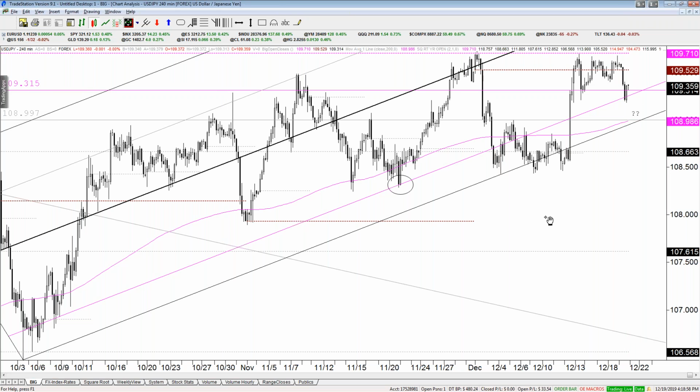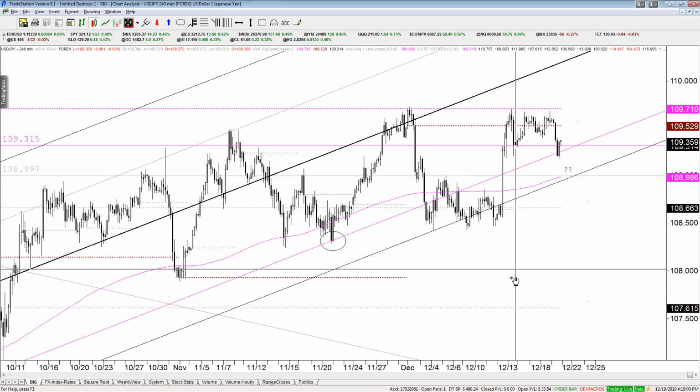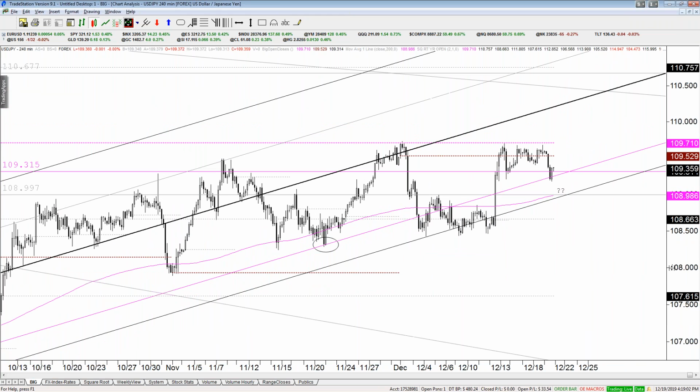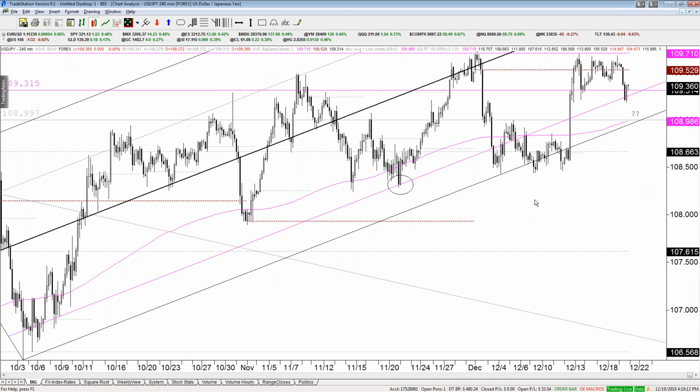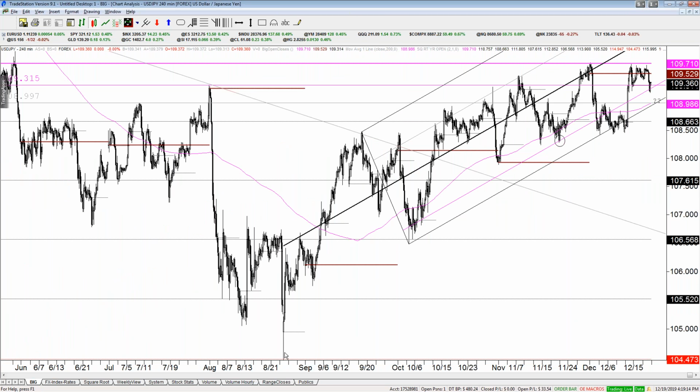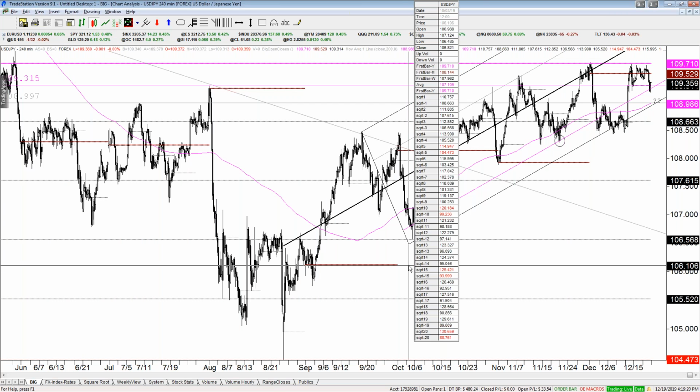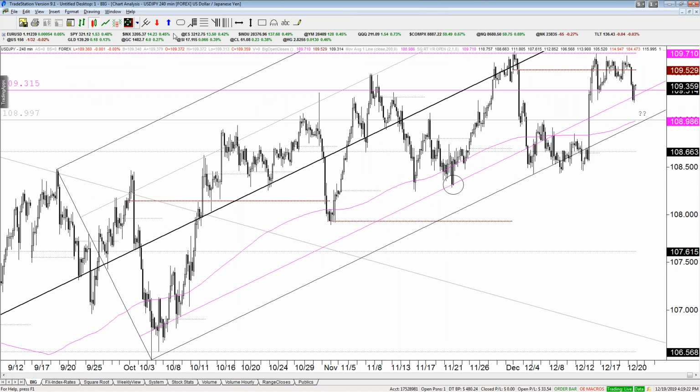In today's piece, I wrote that basically you have to maintain a positive bias on dollar yen as long as it's within this channel, which goes back to the August low, right? So I've got that drawn here. You can see the August low, the high here from 9.19 or whatever, and then the low, of course, back on 10.3.